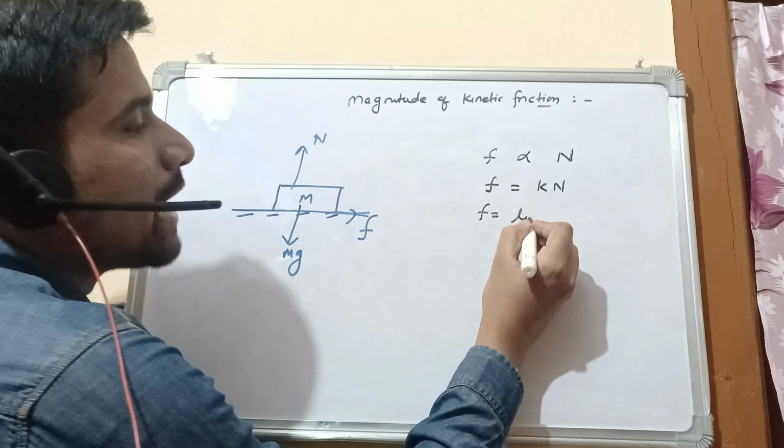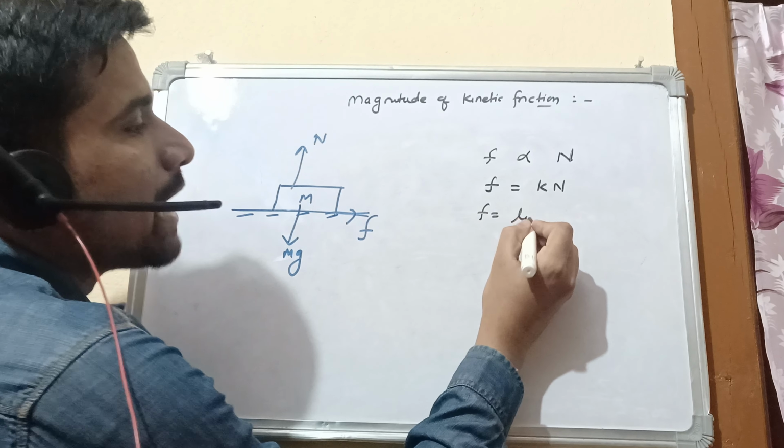There is a block of mass 5 kg placed here, and maybe this block is getting some force F. There will be friction in this direction. We need to calculate the value of this friction, and mu k is given as 0.4. The kinetic friction coefficient is given as 0.4.